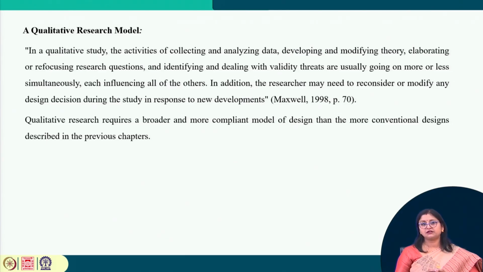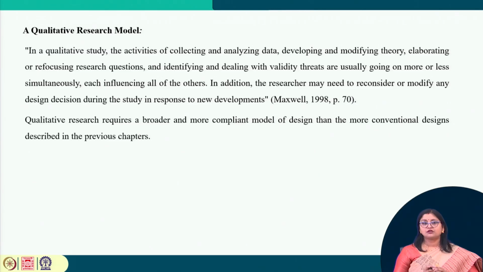In addition, the researcher may need to reconsider or modify any design decision during the study in response to new developments. This is the opinion of Maxwell in 1998.